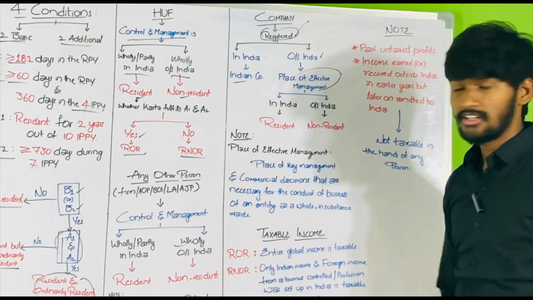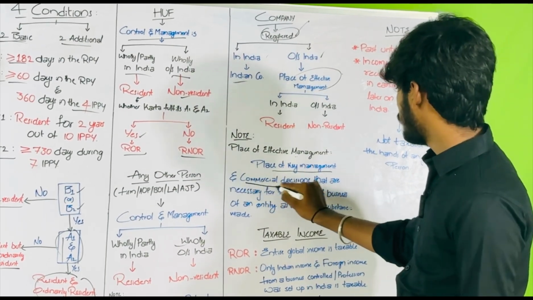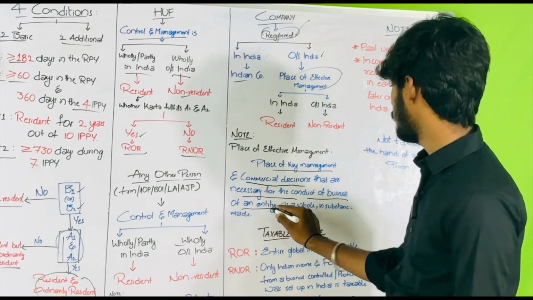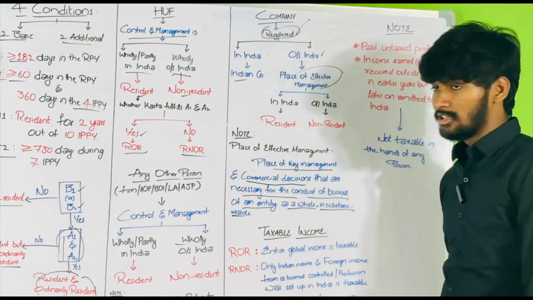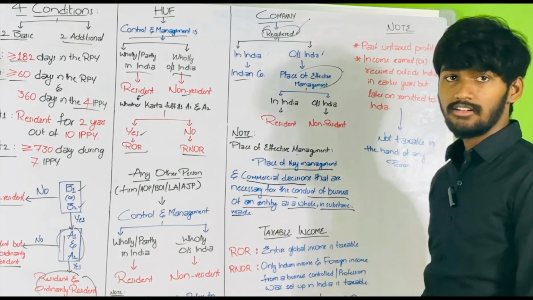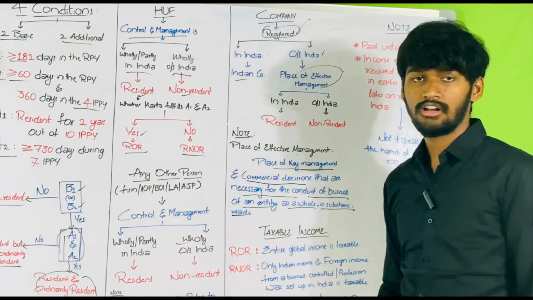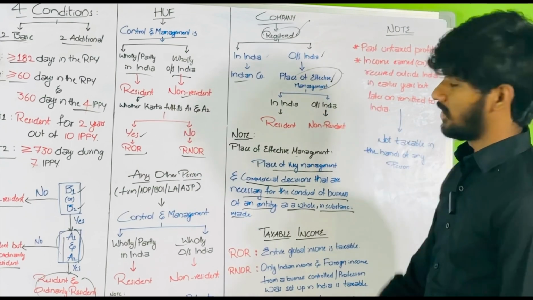Effective management refers to the place of key management and commercial decisions that are necessary for the conduct of business of an entity as a whole or in substance made. That means the place where key management and commercial decisions are made, as a whole or in substance, is considered to be the place of effective management.